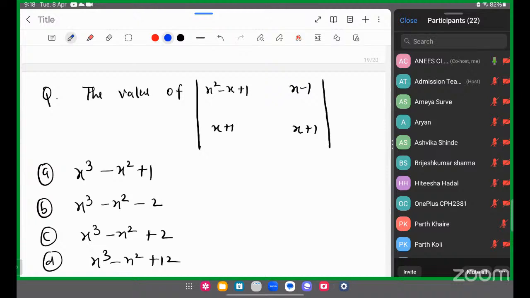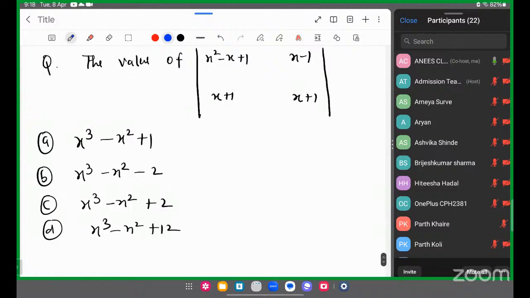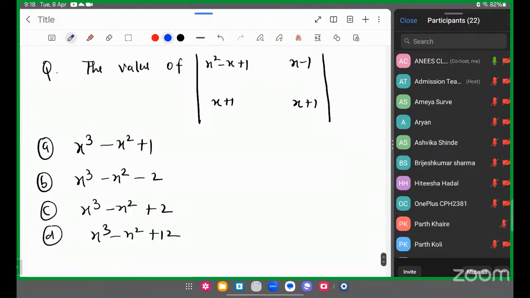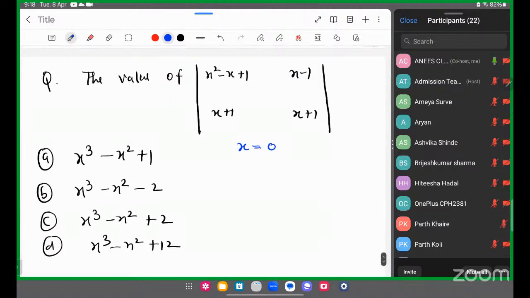Or another alternative approach, which I think will be far better: you just take any arbitrary value for x. Let's say I take it as 0. Now put x equals to 0 into the determinant.